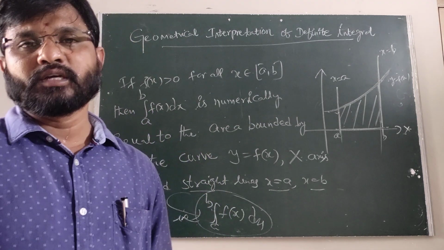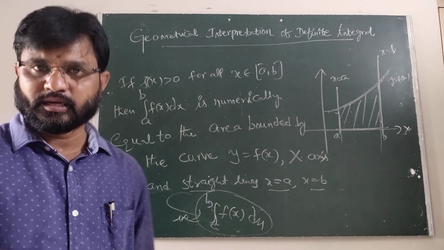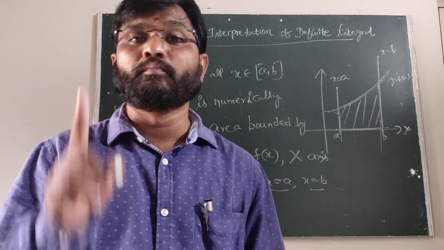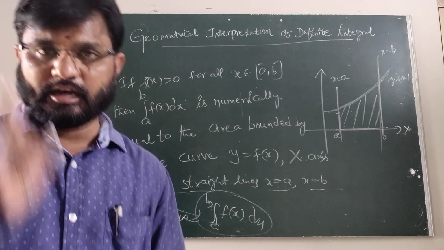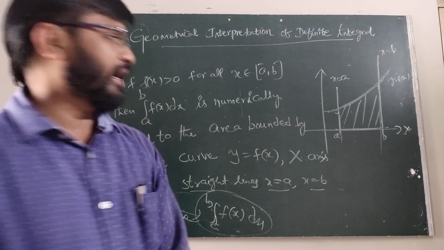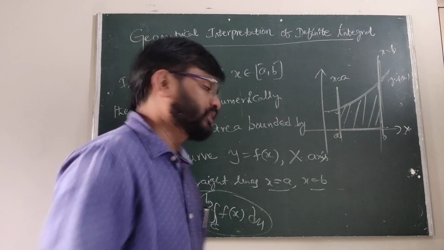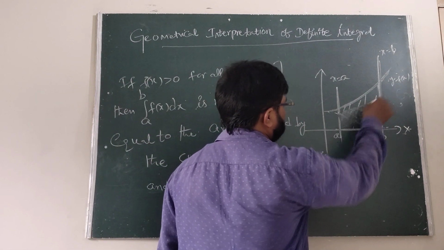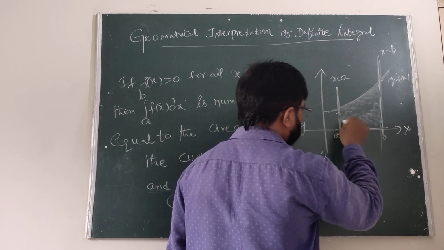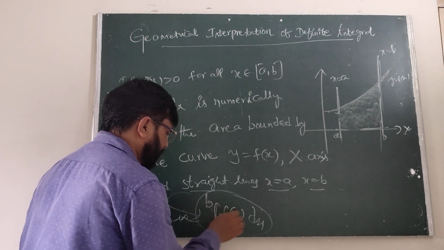What is the numerical value of the integral of a to b f of x dx? That is the area bounded by the curve y equal to f of x, the x-axis, and the straight lines x equal to a and x equal to b. This is the area of this region. You can write it simply as the integral of a to b f of x dx.